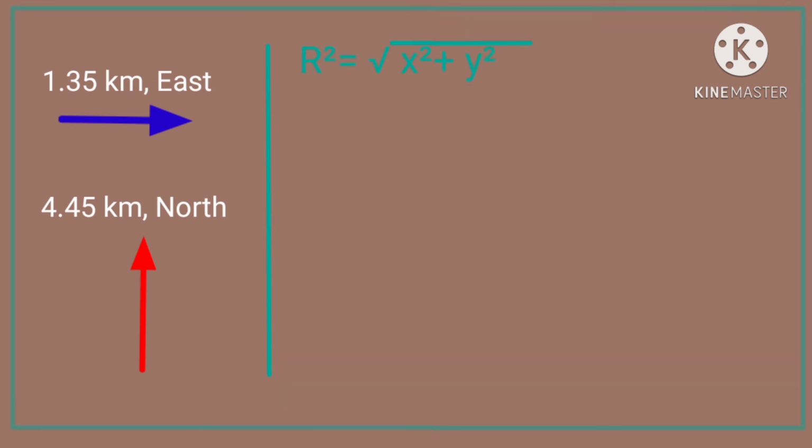Now, let's use the Pythagorean theorem. Substituting the values, R equals the square root of 1.35 squared plus 4.25 squared, and we get 4.46 kilometers with 3 significant figures.